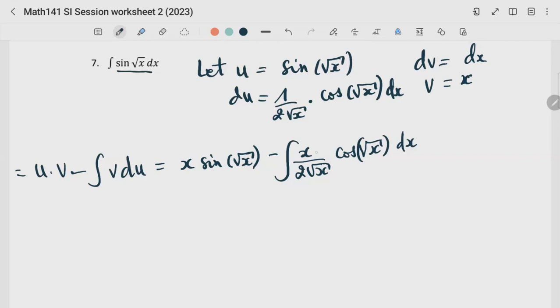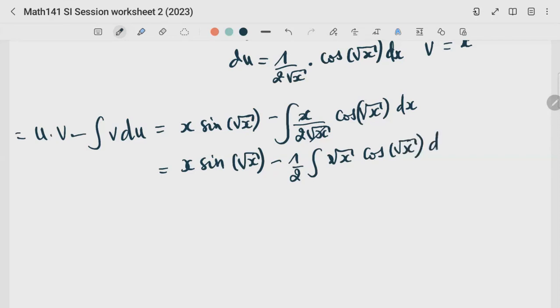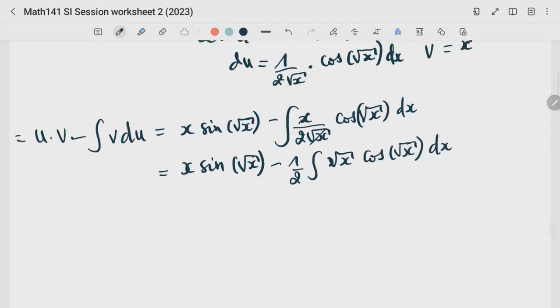which if we simplify, you can clearly see that you'll be left with, let's write it down, x times sine of the square root of x minus, let's take out the constant, 1 over 2, the integral of root x multiplied by cos root x dx, right?